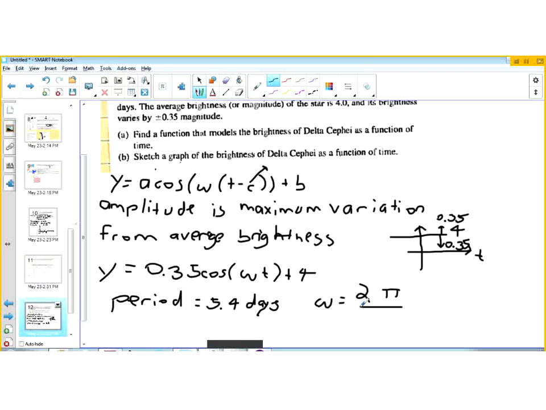So that would be 2 pi over 5.4 days, which is equal to 1.164.